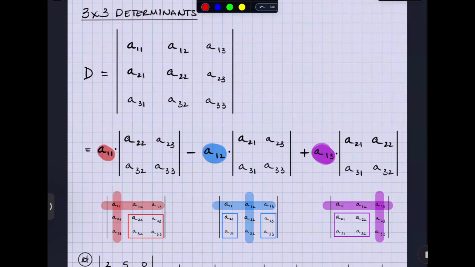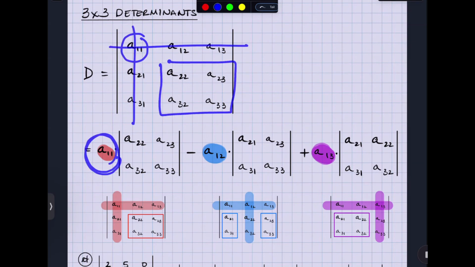So let's just focus on the first row. This A right here is because I'm taking the first row with the first column, and where it's double crossed is A11. That's why I got the A11. You can see that this is what's left over, and that is what is in this box. Everybody see that?